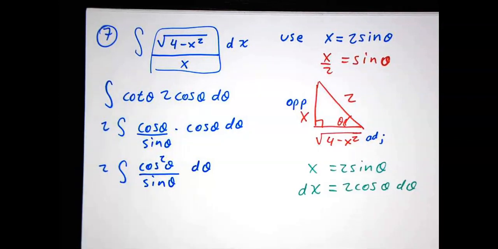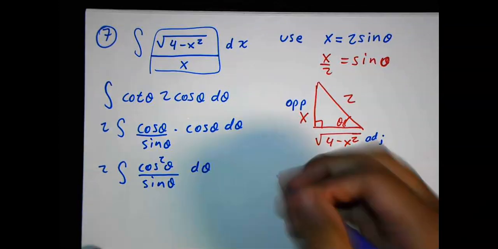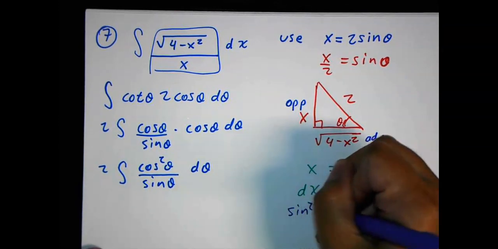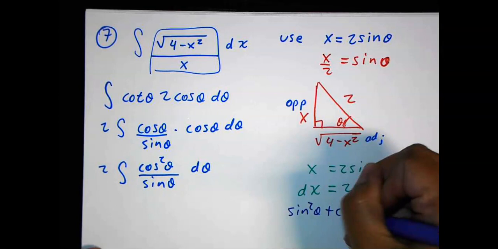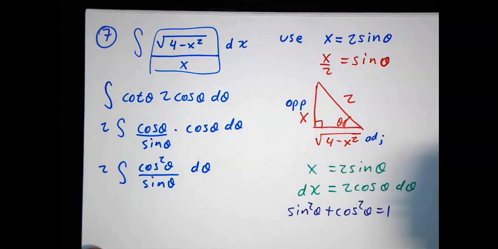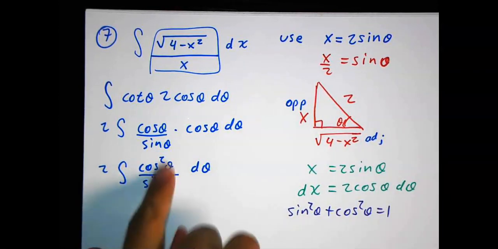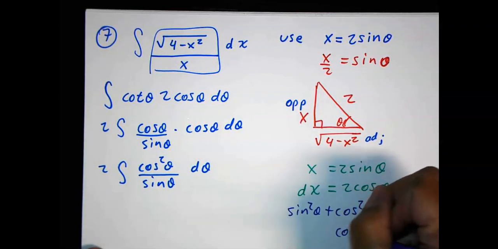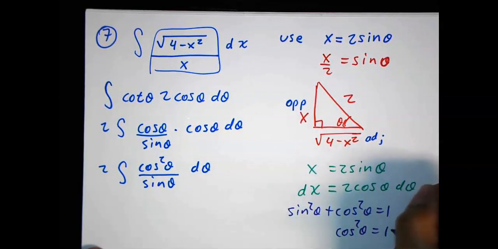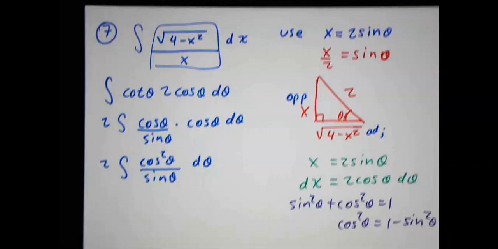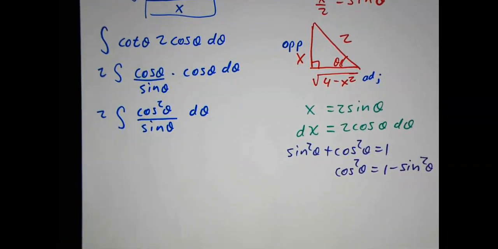I'm going to use the same identity I used earlier from pre-calc: sine squared plus cosine squared equals 1. I need to solve for cosine squared. So cosine squared theta equals 1 minus sine squared theta. Why am I doing this? To write everything in terms of sine, so that I only have sine.